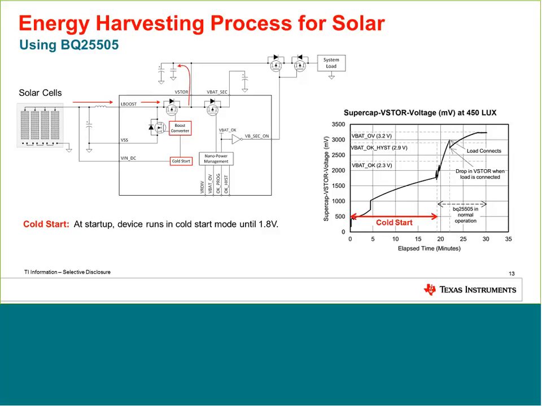And you can see on the graph on the right side that the cold start starts very slowly. We are going to turn on the MOSFET, then the voltage is going to jump and continue rising as the solar cell is providing energy. Once we arrive at 1.8 volts, then the BQ will start normal operation. In normal operation, the boost converter now operates as a normal boost converter.